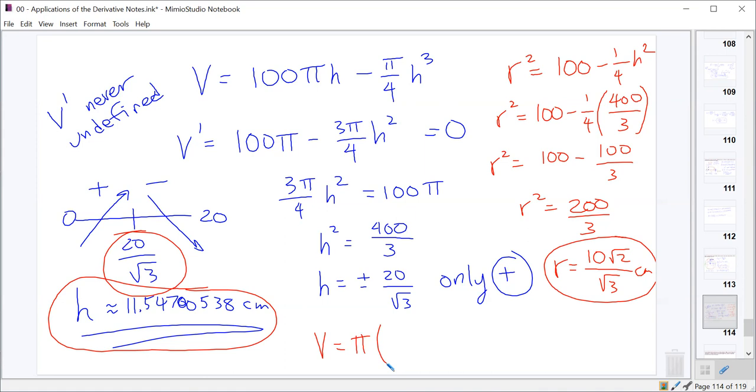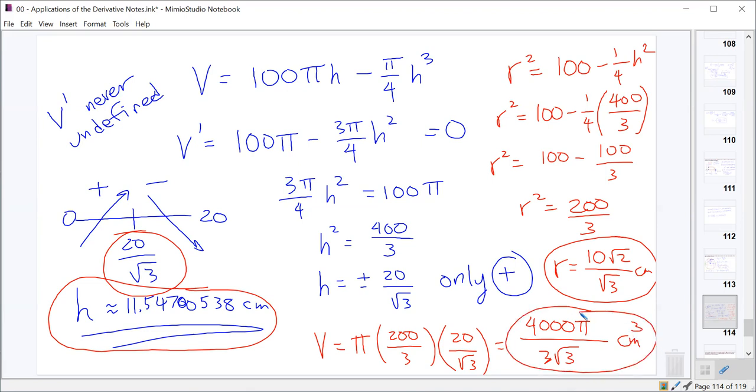Well, our radius squared was 200 thirds, times our height, which was 20 over root 3, which would be 200 times 20 is 4,000. So we've got 4,000 pi over 3 root 3 centimeters as our volume.